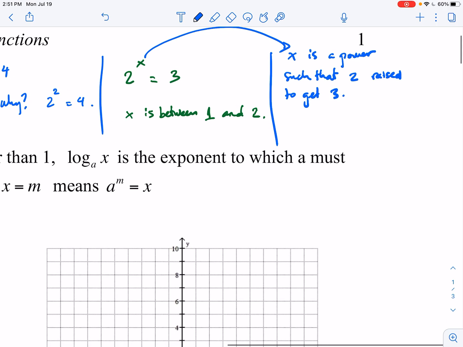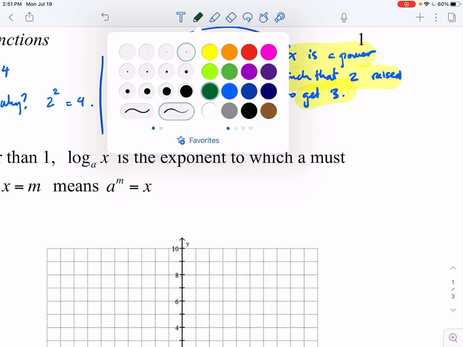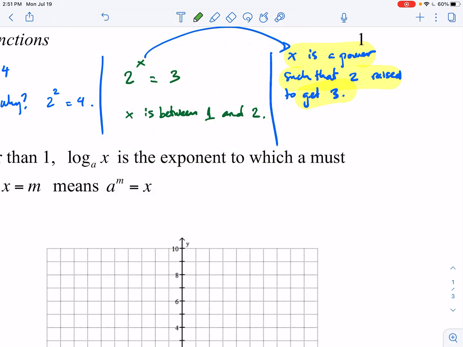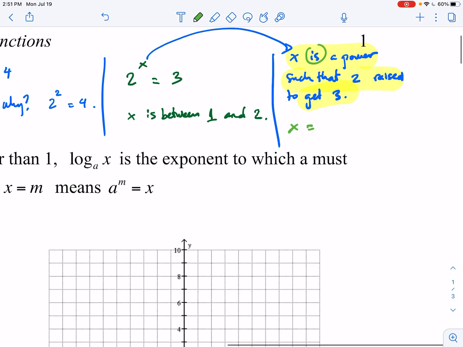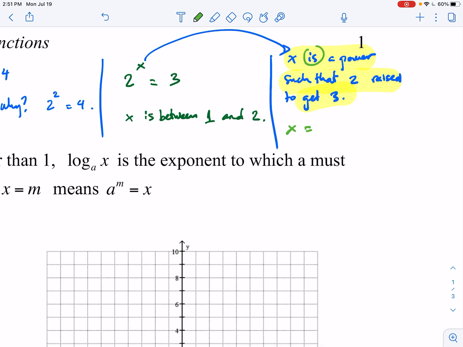And then we rewrite this English language in terms of mathematics. What does that mean? Well, x equals a power such that 2 raised to it gets 3. So we're going to capture this phrase using a notation.